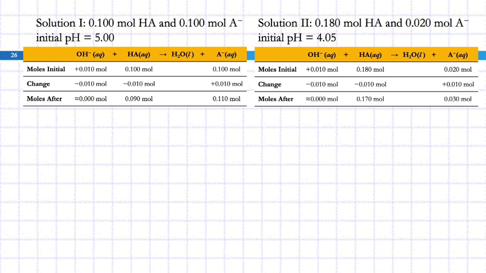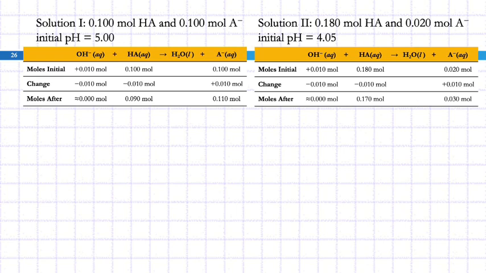And these are the numbers we can use to calculate the pH of this solution. Over here, we're doing the same process. We're starting with the same amount of hydroxide, but we've got 0.18 moles of acid and 0.02 moles of the conjugate base. And so the change is going to be the same, and we get our moles after.